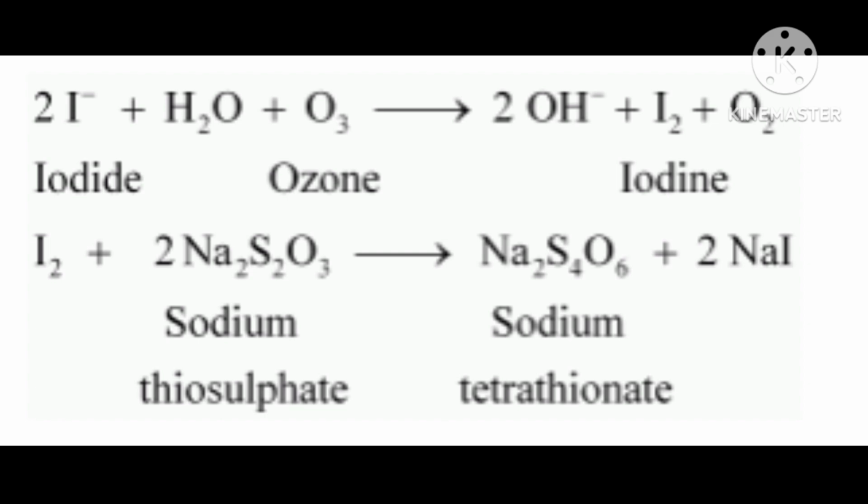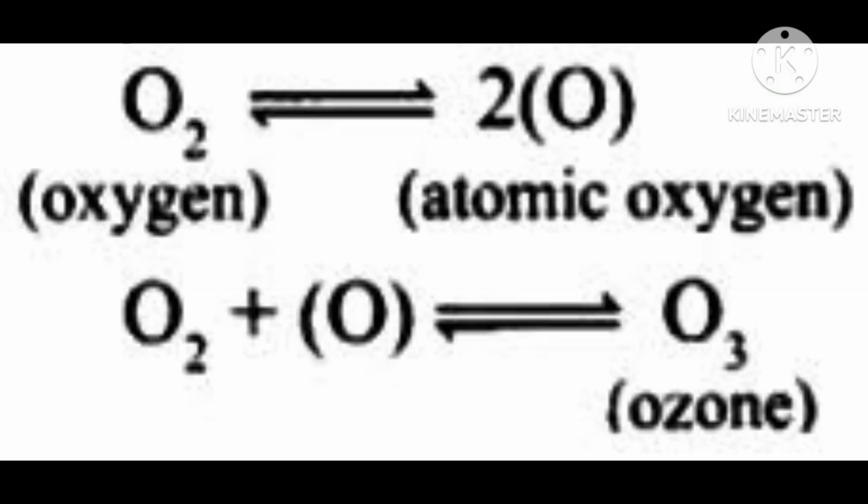That's why it became 3 negative, and now it became neutral. To make a neutral salt, positive and negative should be equal.